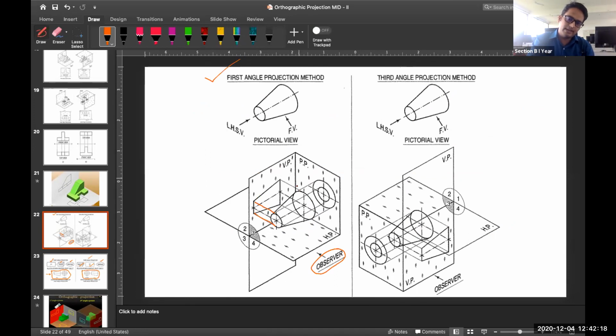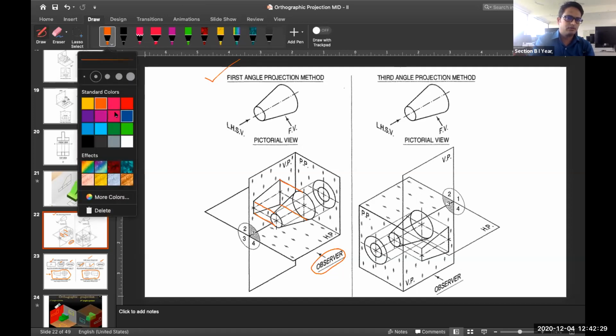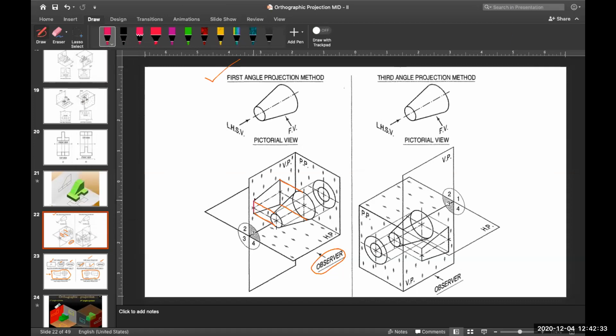And you will get a shape from this side also, you will get like this. You will get this shape in your front view. The frustum of a cone, the top portion of this triangle is cut out.